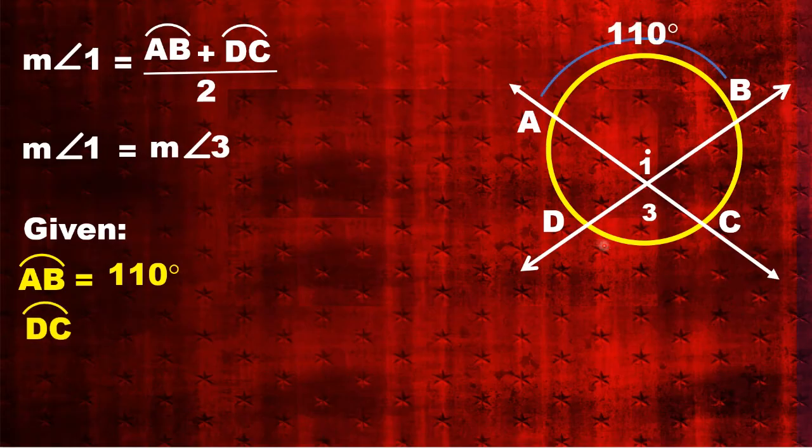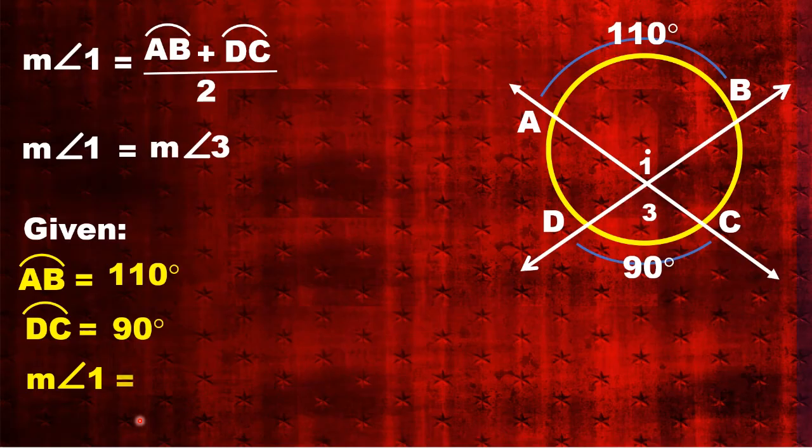Arc DC, ito yon, yung intercepted arc ng ka-vertical ni angle 1, is equal to 90 degrees. Ayan. So, to get angle 1, simple lang. Angle 1 yung nawawala. So, let it be our x.